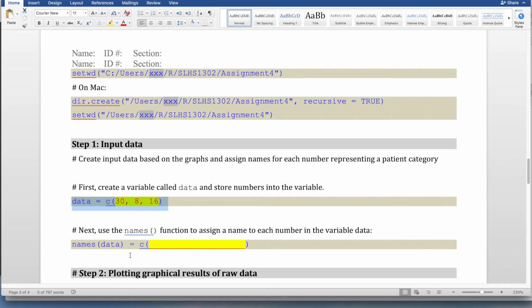All right. And now what we're going to do is assign the names of each of these categories to these values. Our first name, which goes with the value of 30, is Broca's. So we type in Broca's. The name that goes with the value 8 is conduction.